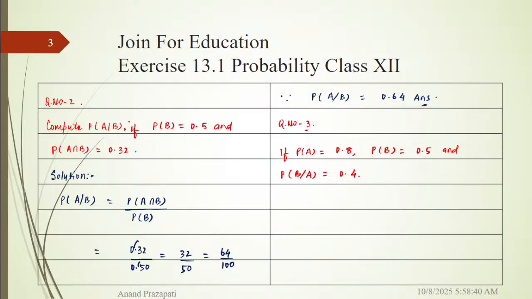It asks us to find probability of A intersection B and probability of A by B. It asks these 2 questions, 1 and 2.